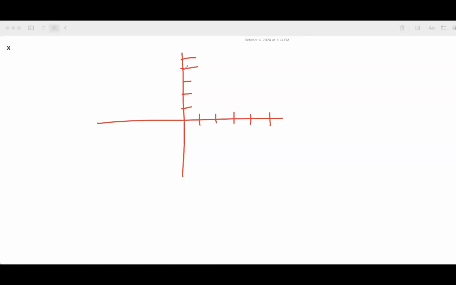Now, let's say the line passes through the point 2 comma 3, and then I will say the slope, 1 2 3 4 5. This is 5, this is 4. Okay, now guys, can you write the equation of this line for me in chat?